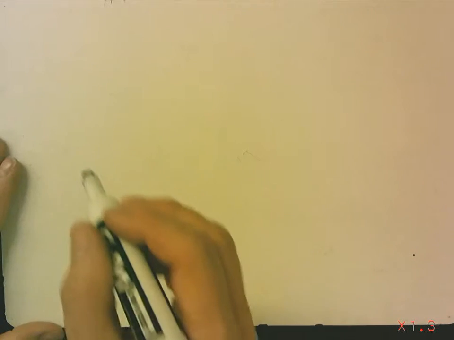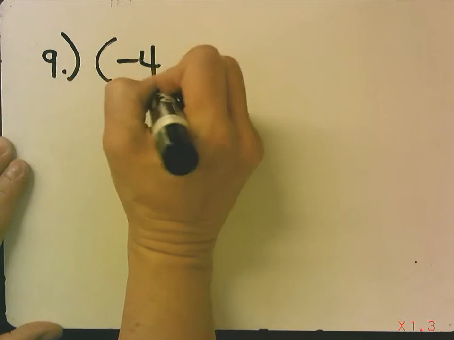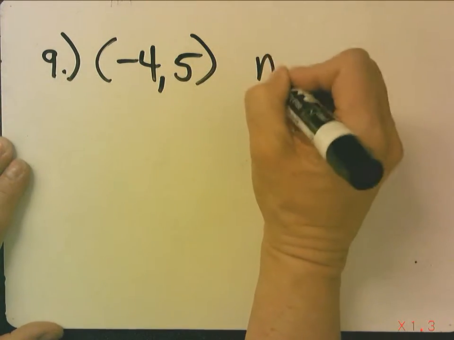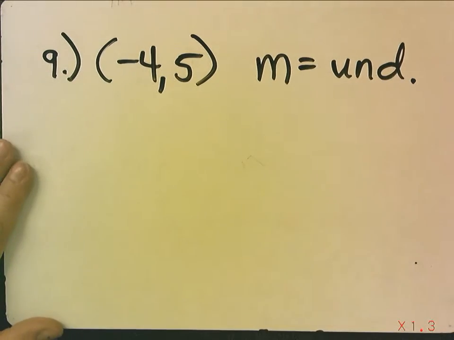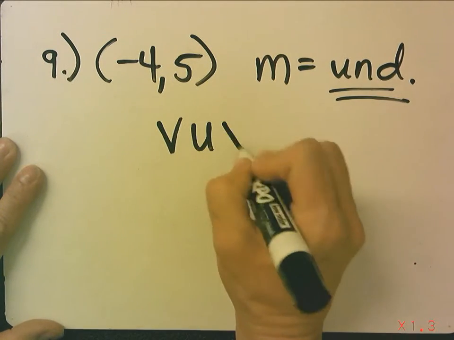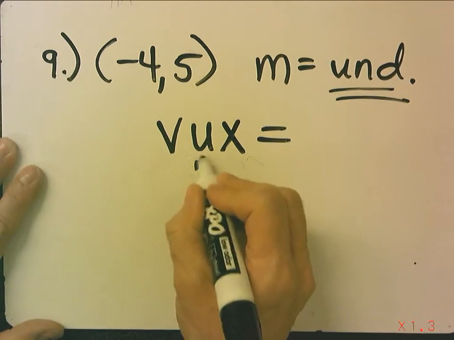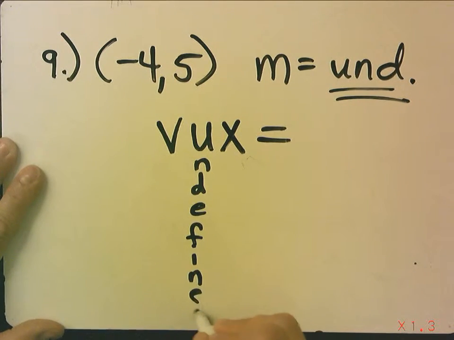Let's look at page 14. Page 14, oh, they give us a tricky one. If we look at number 9, we have a special case. They tell us the slope is undefined. Well, we remember whenever we see that word undefined, we think VUX, because the U in VUX stands for an undefined slope.